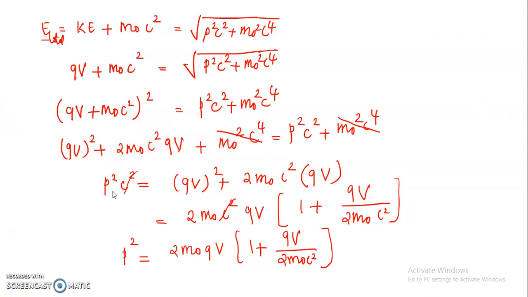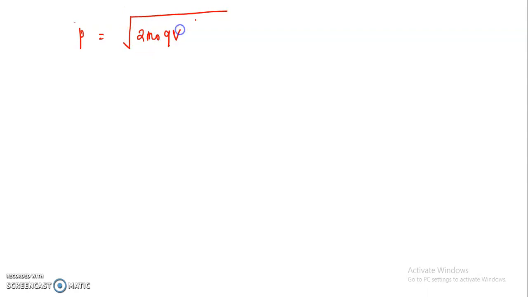So we obtained an expression for p square. Now p equals root of 2 m0 QV into 1 plus QV divided by 2 m0 c square. This is the expression for the relativistic momentum for the charged particle moving under the influence of a potential V.